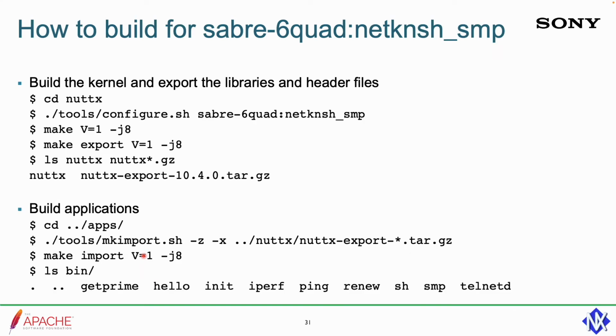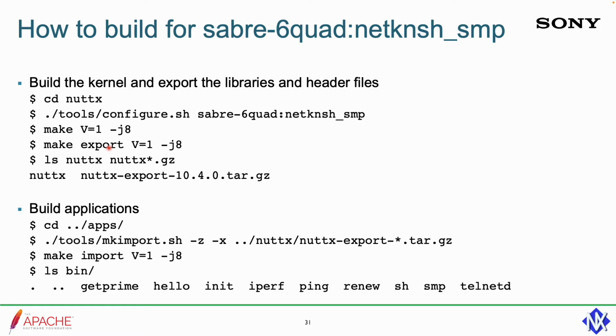This slide shows how to build the NuttX kernel with applications for the rv-virt:knsh64 configuration, which is used in the later demo. First, we need to configure and build the kernel by executing configure.sh and make.